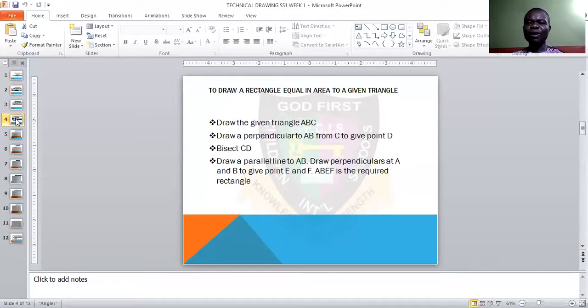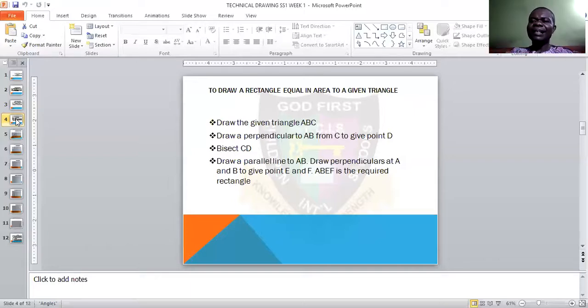Then next, you draw a perpendicular line to AB from C. That gives you a point called D. The line CD is always a light or faint line, not bold or thick. You bisect it, then after that, you draw perpendiculars at A up and at B up.